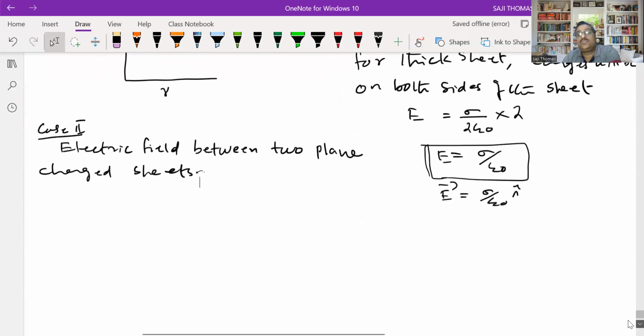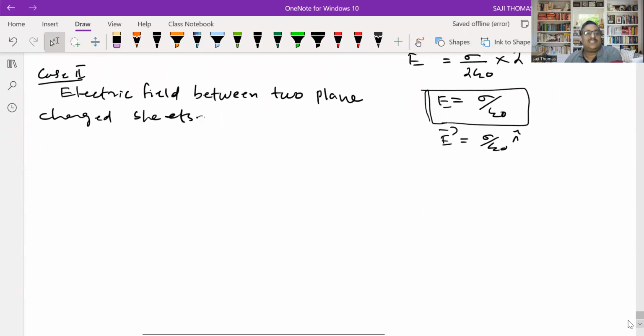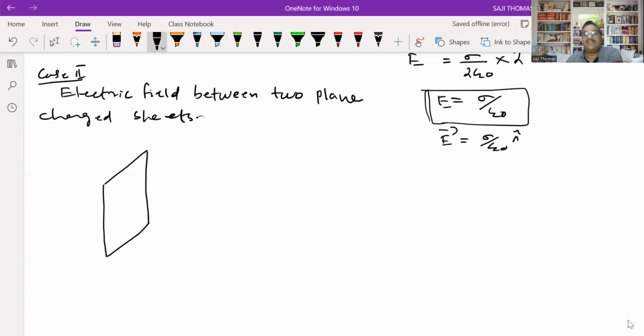So we consider two sheets. This is one sheet, two parallel sheets. This is one sheet. Okay, it is a thin sheet only, and there is a charge Q. Suppose the surface charge density of this sheet is sigma 1.